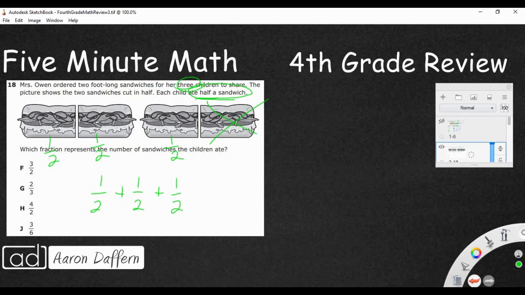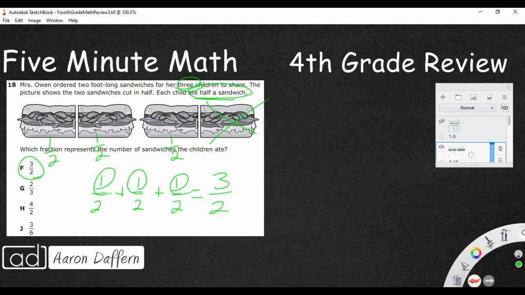Like we did on the previous problem, once we get all of our denominators to be the same, in this case they're all 2, we're going to ignore them and only deal with the numerators. So I've got 1 plus 1 plus 1, that's going to be 3, and our denominator stays the same as 2, which is 3 halves, and that makes sense because I've got 3 kids, each takes a half, so our answer is going to be F.